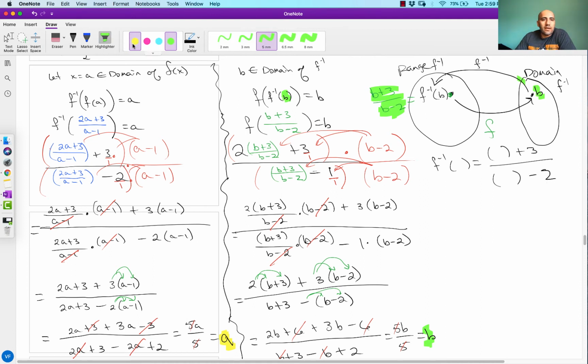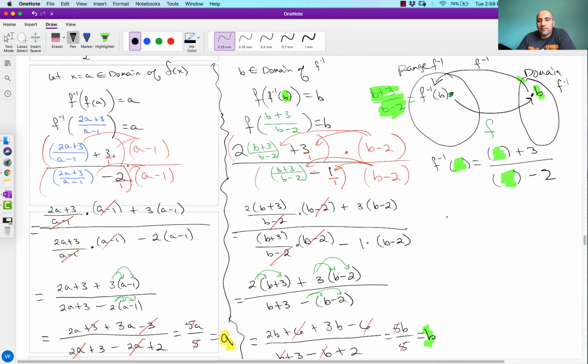I'm just going to put a highlighter here. Those are the instructions. The input goes in the blank, and then so blank plus 3, the input plus 3, divided by the input minus 2. Those are the instructions for f inverse.